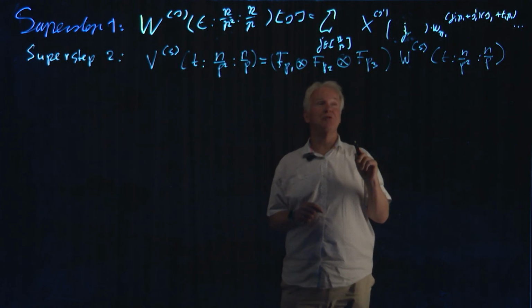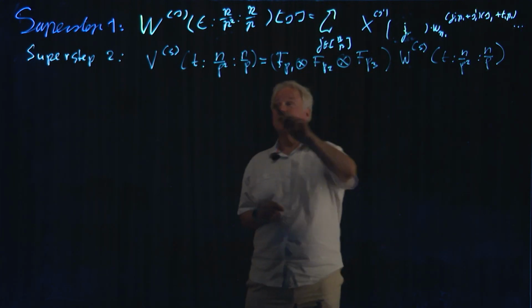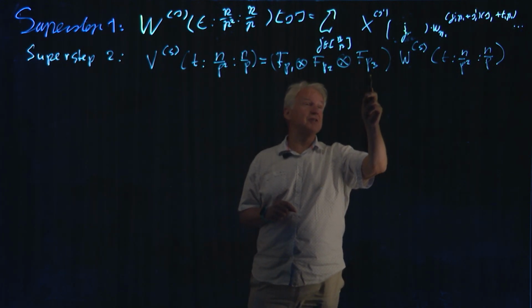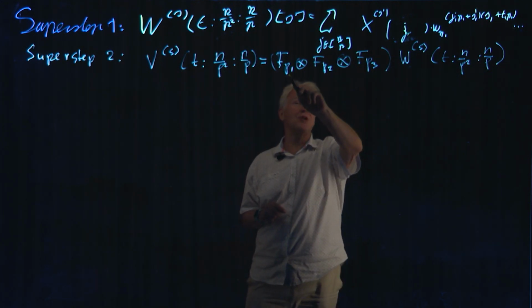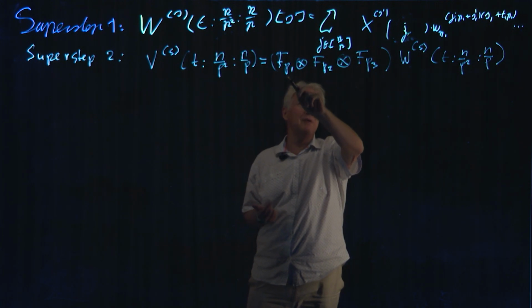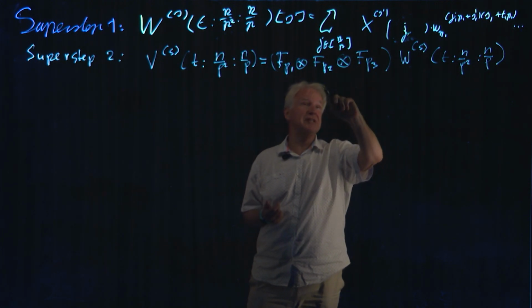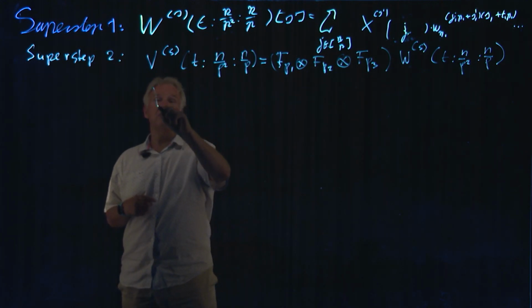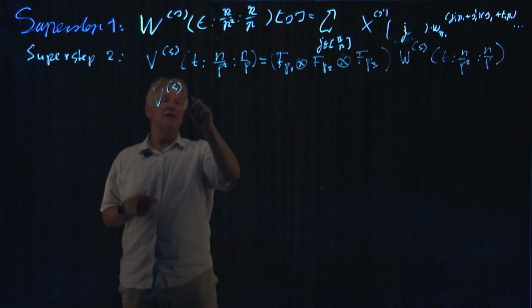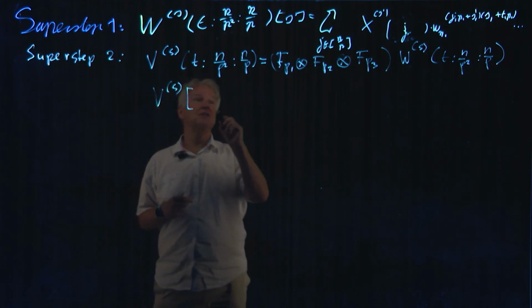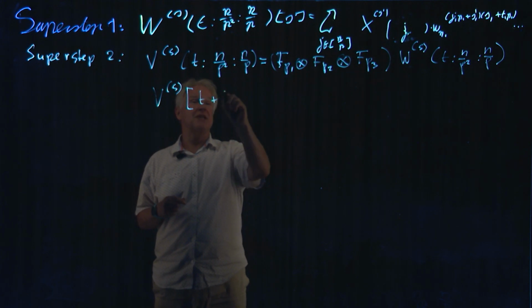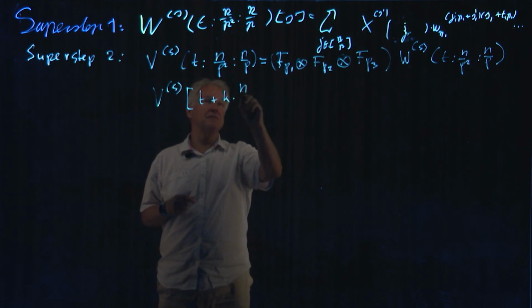And then superstep 2 transforms w into v by performing a three-dimensional Fourier transform of small length, p1 in dimension 1, p2 in dimension 2, p3 in dimension 3. So we are going to look at what this v is for a particular element, t plus k times the stride.